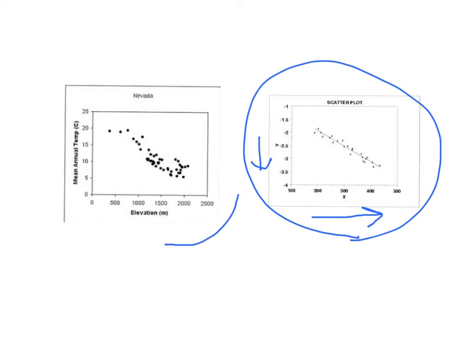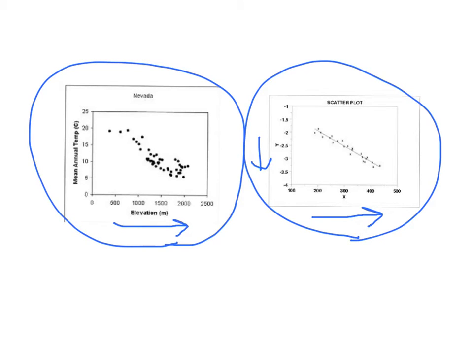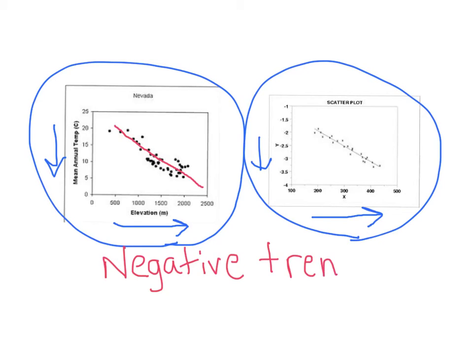In this first graph, we see that as the elevation in meters increases, the mean or average temperature is decreasing. Now that makes sense, right? The higher you go in elevation, the colder the temperatures tend to get. And if we were to draw a trend line for this graph, it might be something like this. So this is called a negative trend or a negative correlation, which simply means that as one value increases, the other value decreases.